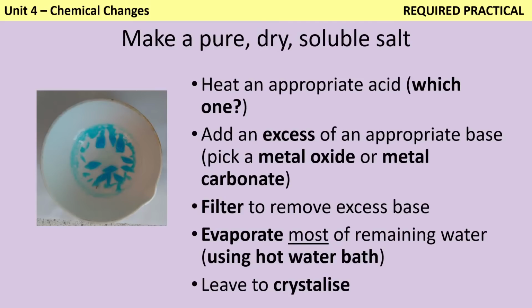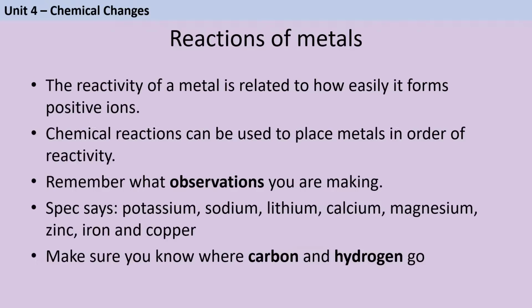And so you can't use a Bunsen burner on its own because it is too hot. So you can use a Bunsen burner to make a water bath, but if you're going to say that, you have to explain in quite a lot of detail what you're doing. So it's much easier to just say, use a hot water bath. Or use an electric heater, because those are ways of gently heating it until most of the water has gone. And then we're going to leave it to crystallize.